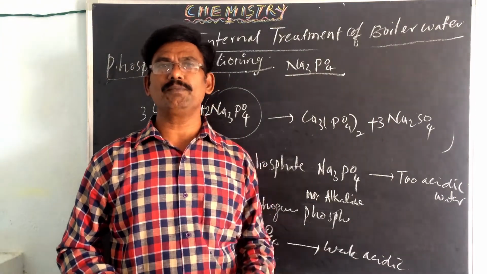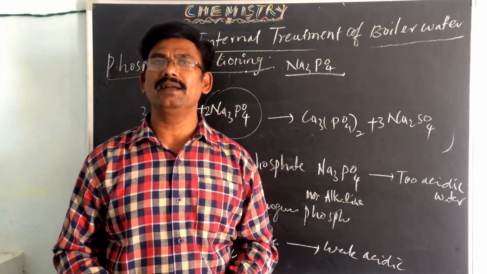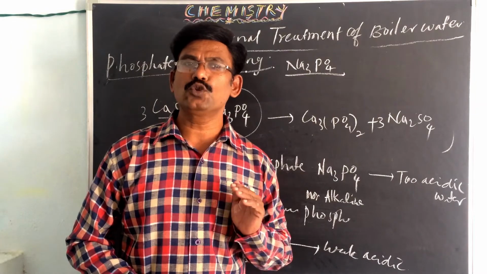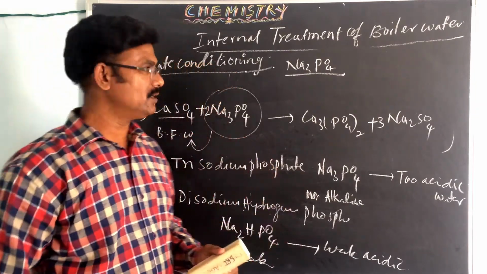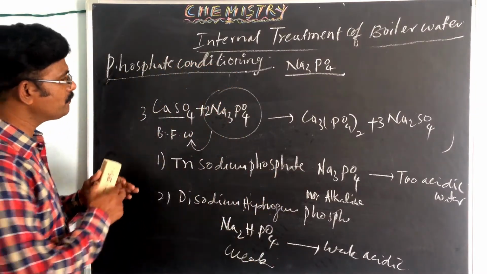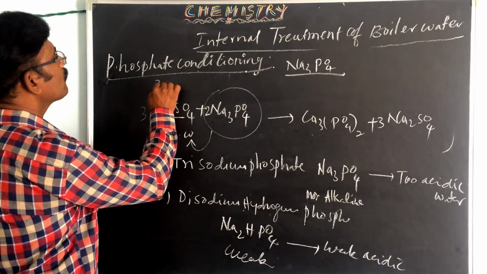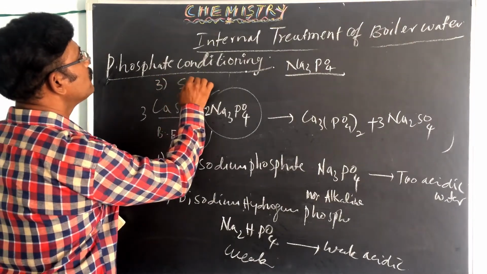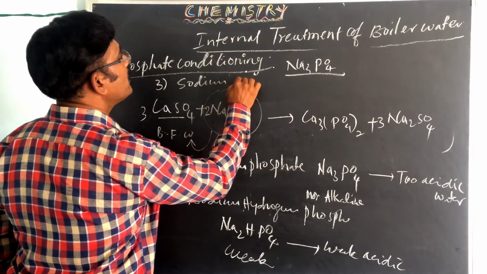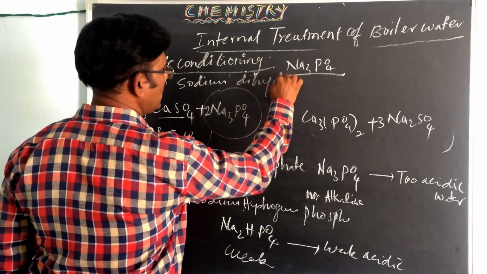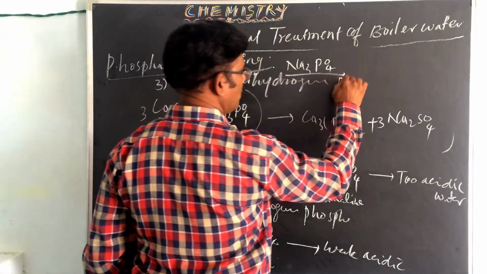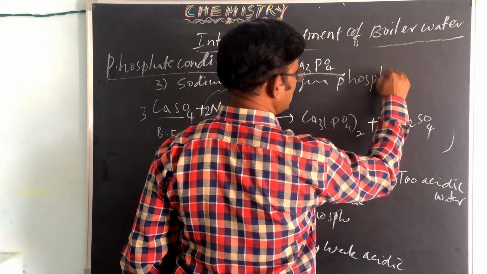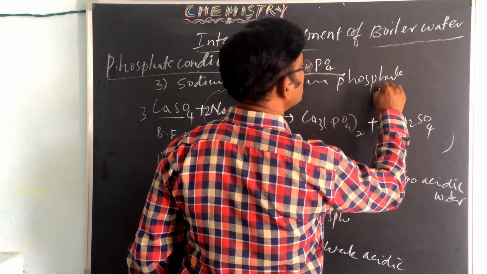Okay, this is trisodium phosphate, disodium phosphate, and finally sodium dihydrogen phosphate. The third one is sodium dihydrogen phosphate. What is the formula?